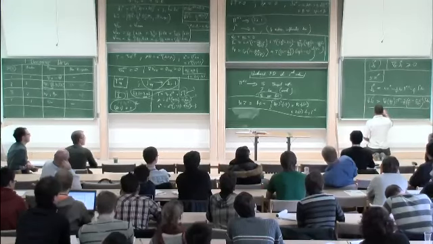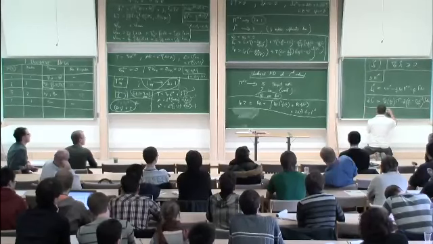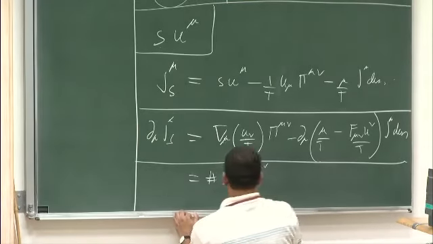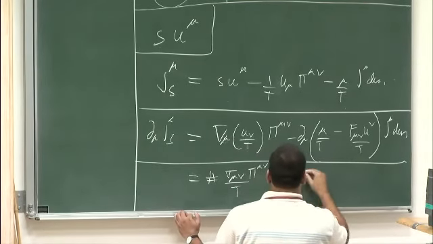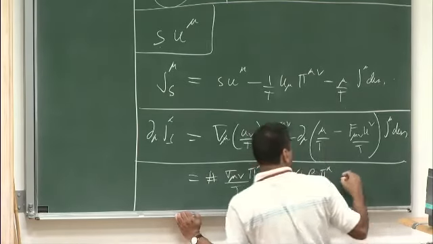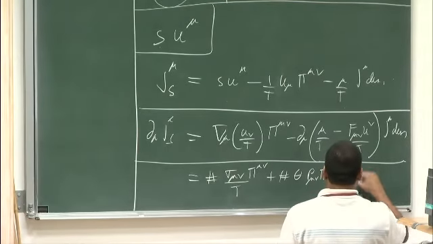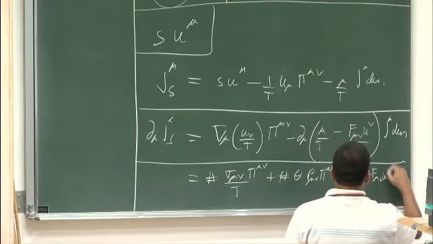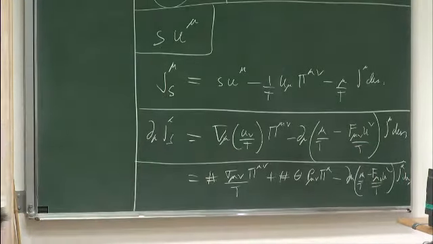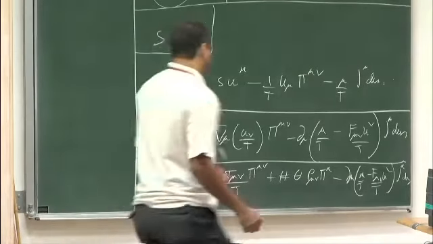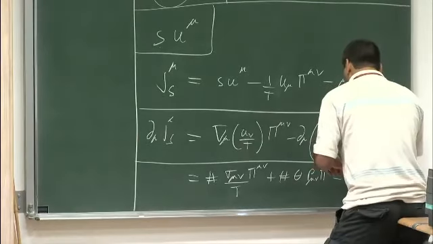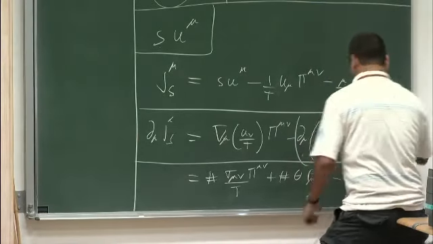So up to numbers which are easy to work out, but I won't bother, this is σ_μν π^μν by T plus a number times θ times π^μν P_μν, minus ∂_μ(μ/T) minus F_μν u^ν by T, times j^μ_dis. Question: how do your u^ν indices figure out? Good question. This derivative acts only on that. Thank you.